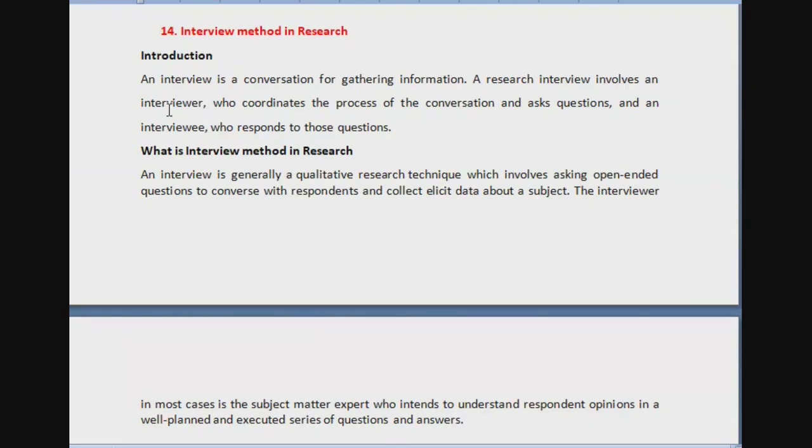So there will be one interviewer who coordinates the process of conversation by asking questions, and an interviewee who responds to those questions, right? So if you are the other person, you will answer those questions. As a result, I will be able to collect information, right?